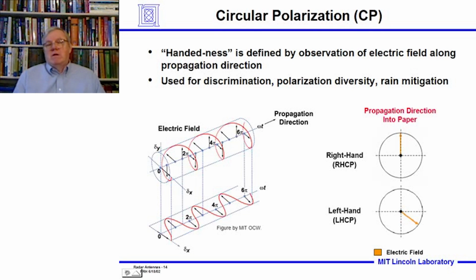Most targets are a mix of scattering that will come back in each polarization, so you'll get a mix of polarizations from the target, and you'll lose a little bit, but you lose an awful lot of the rain. So transmitting with circular polarization and setting up that receive mechanism will help you in a rain problem. It won't solve the whole problem. Doppler processing, which is lecture 8, is really the way to solve it. But it's one of the ways that circular polarization is used.